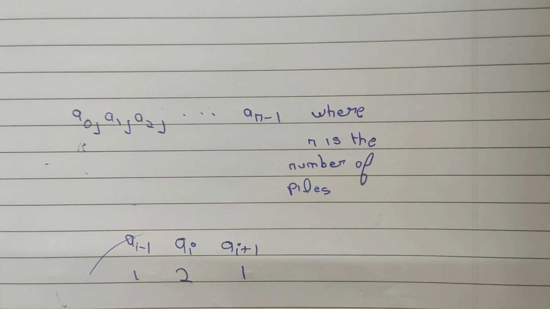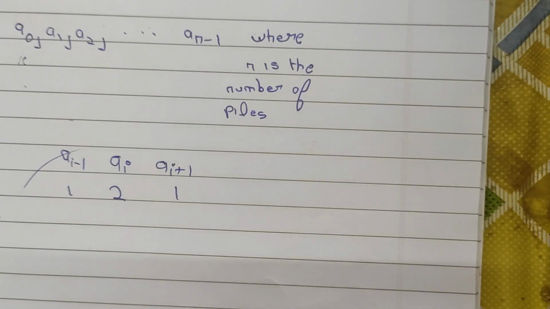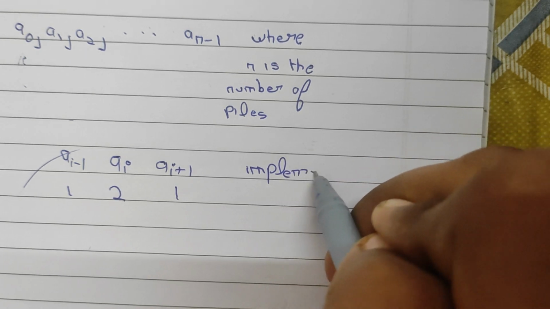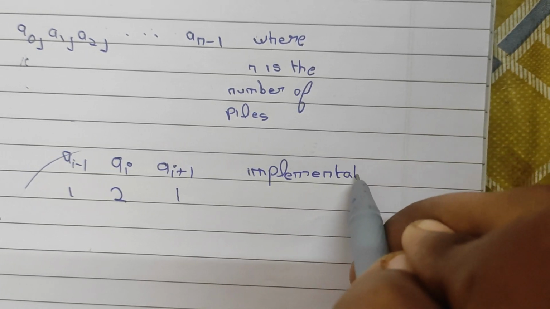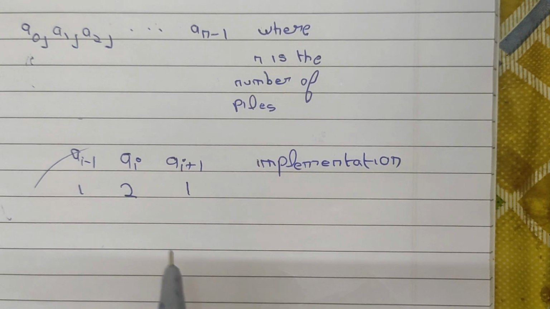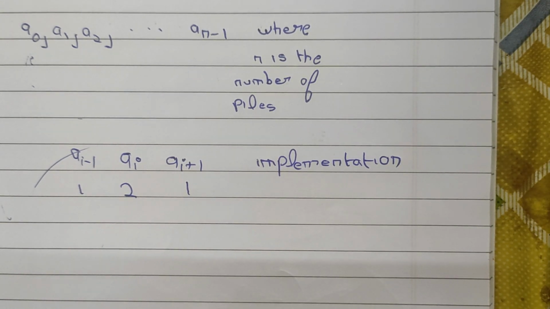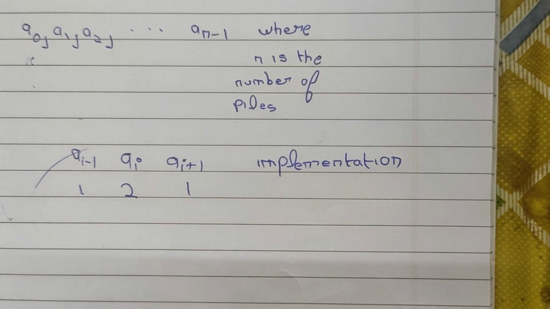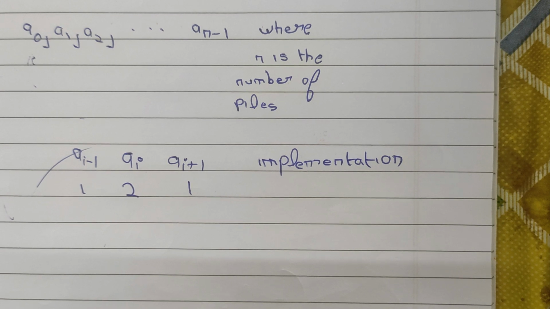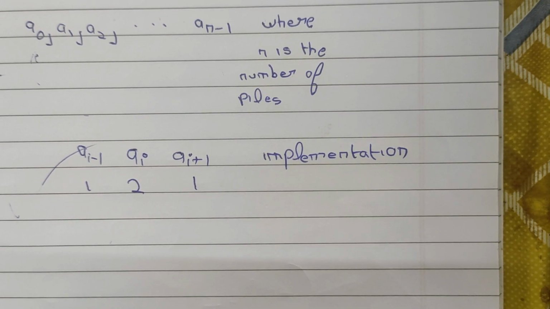So this is basically an implementation problem. There is not much logic to think about. You just have to apply this operation on the piles till you can no longer validly perform it, and then check whether all the piles have become empty or not.